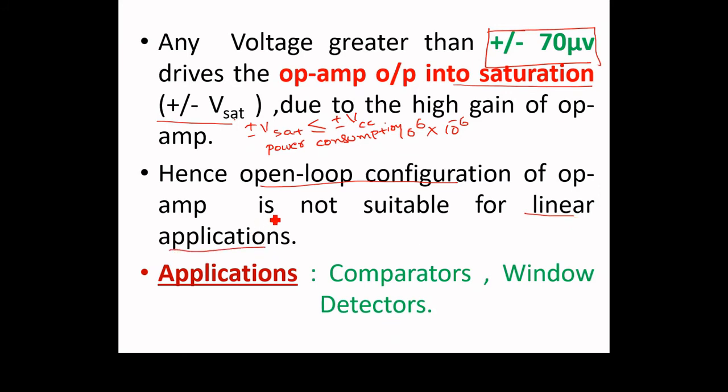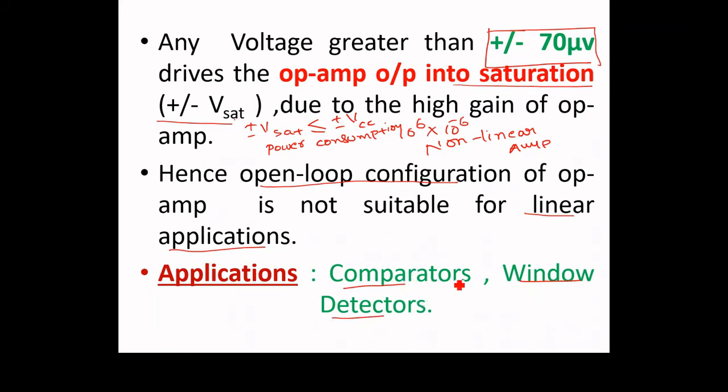application. We can have only non-linear applications. So when we are operating the op amp in open loop, we always have non-linear applications like comparator and window detector. This we will see in later classes.